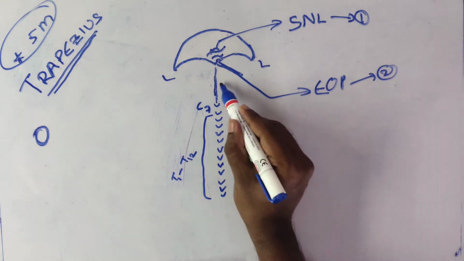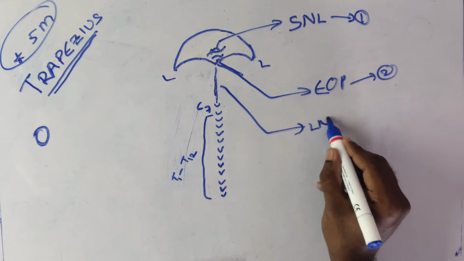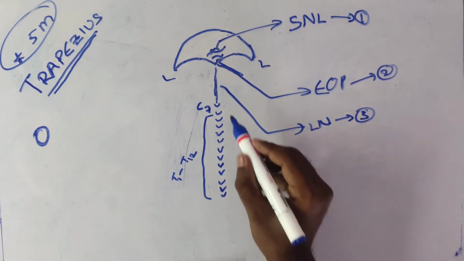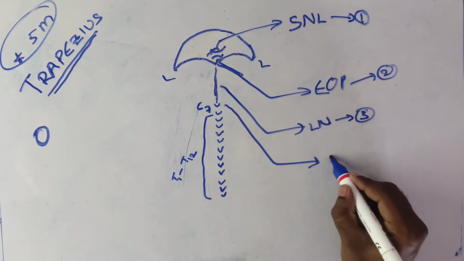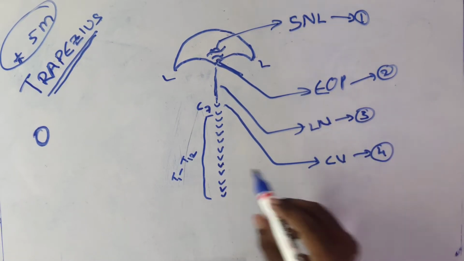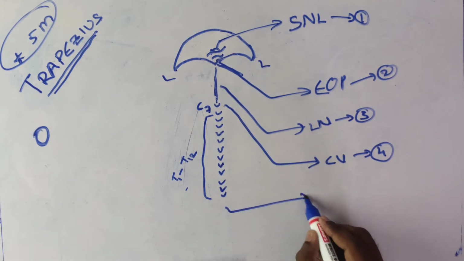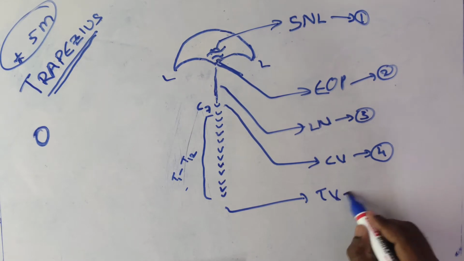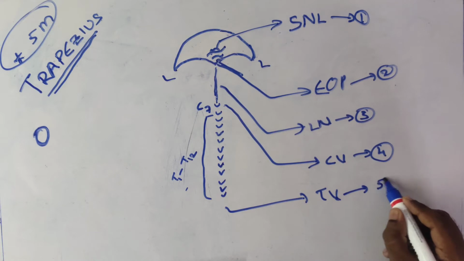Next, ligamentum nuchae. This longitudinal line is called ligamentum nuchae. This is the third origin point. And C7, the seventh cervical vertebra, is the fourth origin point. And T1 to T12, that means the first thoracic vertebra to the 12th thoracic vertebra, is the fifth origin point.